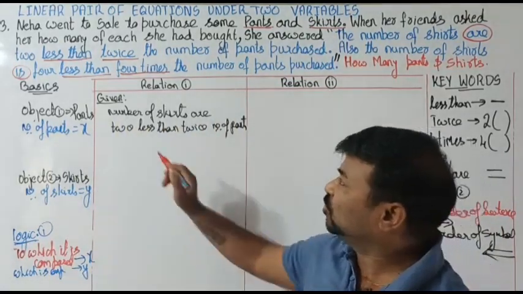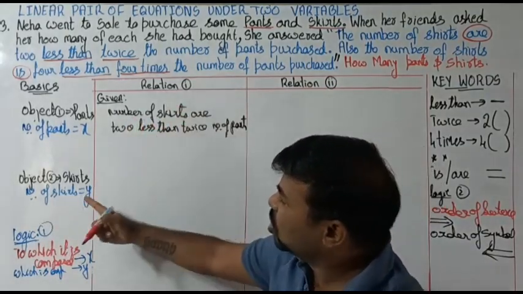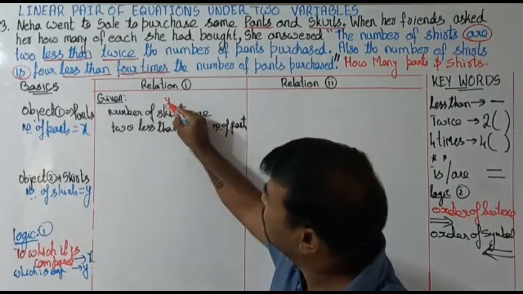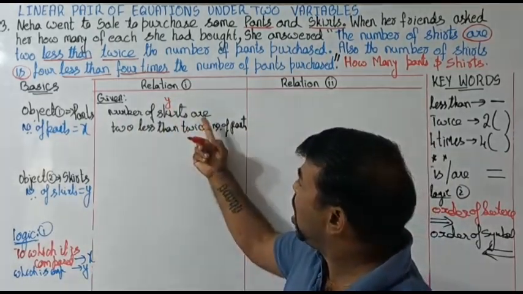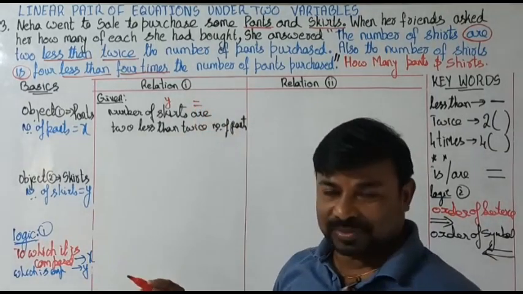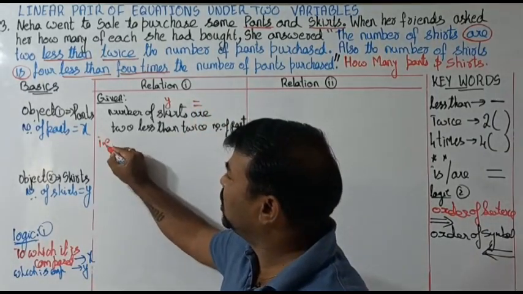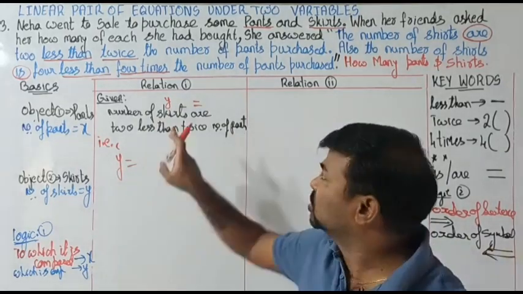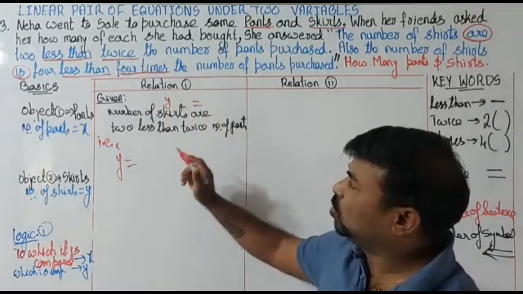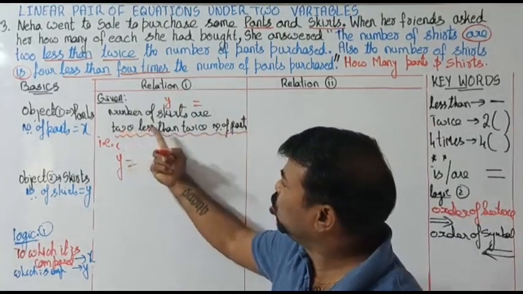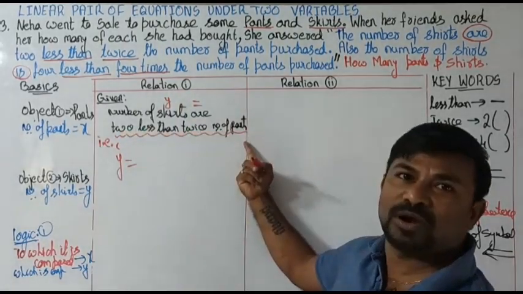Now I will show it to you. Number of skirts. What are skirts represented by? Skirts are represented by Y. Y equals. Till there, no issues. Now see the sentence here: 2 less than twice the number of pants.